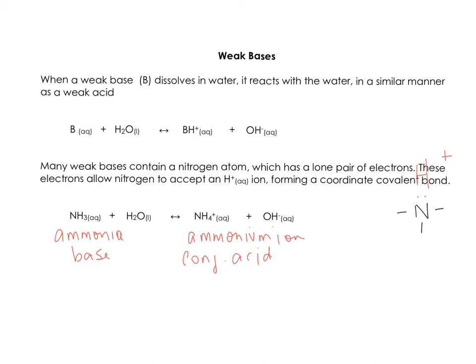Ammonium will give up an H plus in water to form ammonia, so that's why it's an acid. So basically, there's your base, there's your acid, there's your conjugate acid, there's your conjugate base.